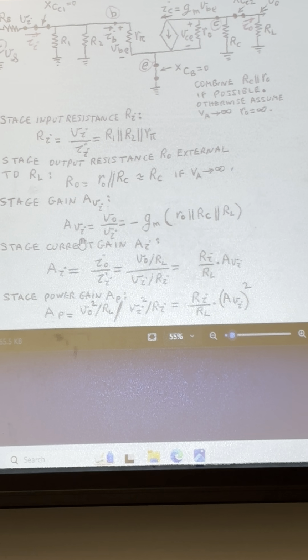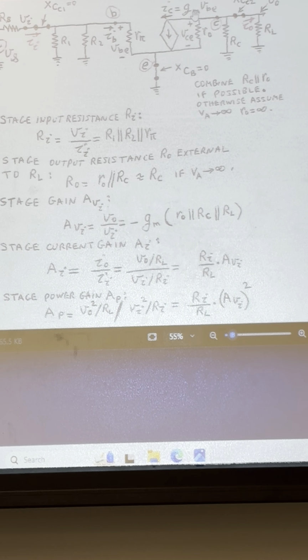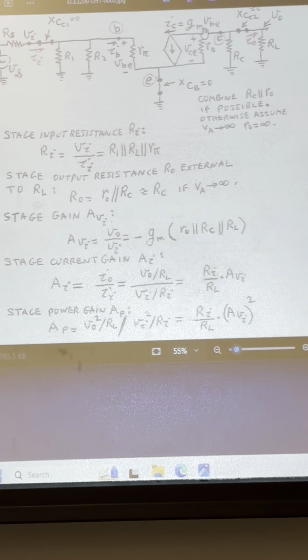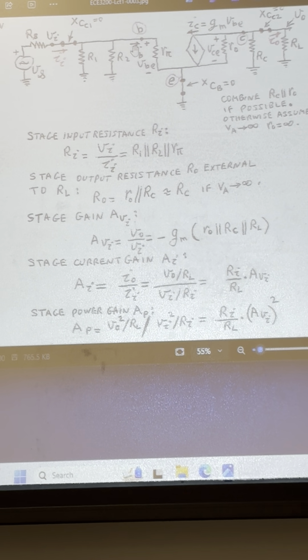Okay, AVI. Why is it minus Gm times RO parallel RC parallel RL, which practically is minus Gm times RC parallel RL? So how do we get that? Again, check your circuit. Ignore this. You're ignoring that part. See, IC is the current pumped by that current source. What's the value of it? Gm times VBE. VBE is the voltage from here to here, base to emitter.